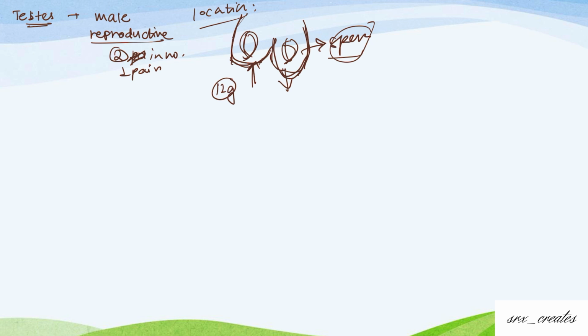Location is, testes are enclosed in a loose fold of skin. If you see the scrotum sac, mainly in males, that's a small fold of skin which is very thin and it's enclosed. The testes are enclosed within that skin, which is called the scrotum, and hang with the body.